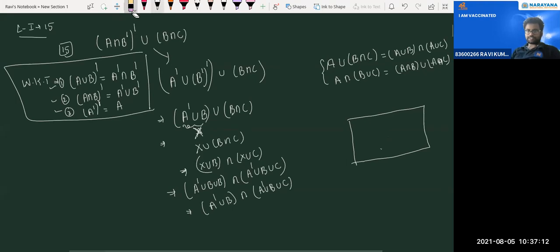There are three sets, A, B, and C. So A complement union B means which one will come? A complement means A will not be there, right?